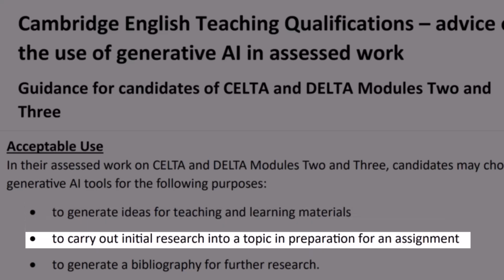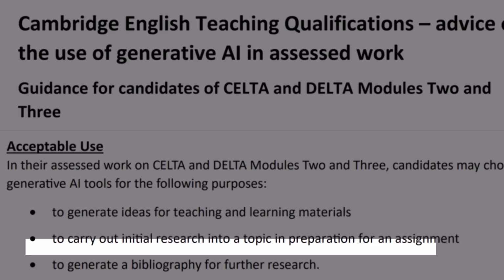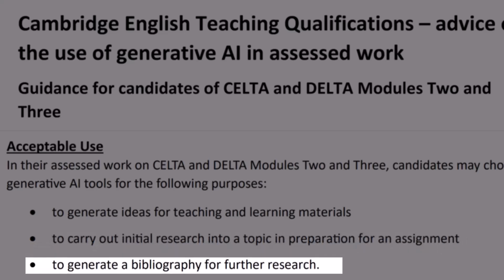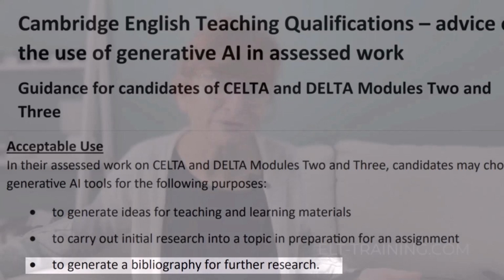Number two, to carry out initial research into preparation for an assignment. And number three, to generate a bibliography for further research. As far as we're concerned on a CELTA course, you're not expected to do much in the way of further research. So that last one really applies to Delta.